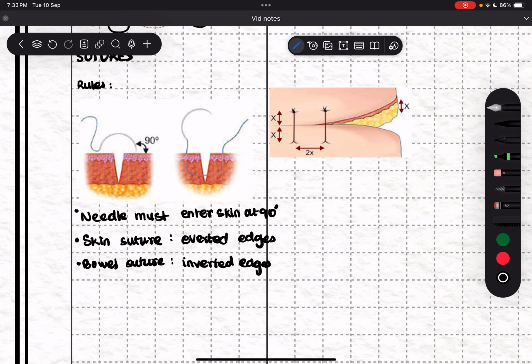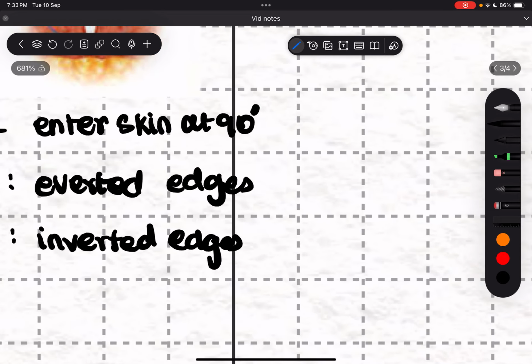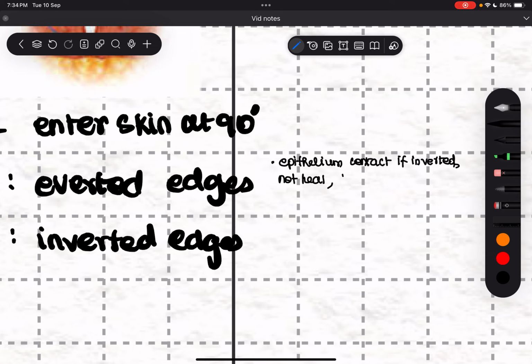Why is that so important? That is important because everted edges are needed in skin suturing, because if it is getting inverted, epithelium contact, if epithelium contacts, there is no healing, because there is no vascularity.